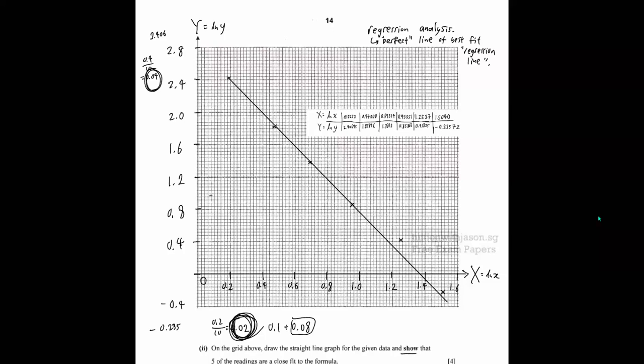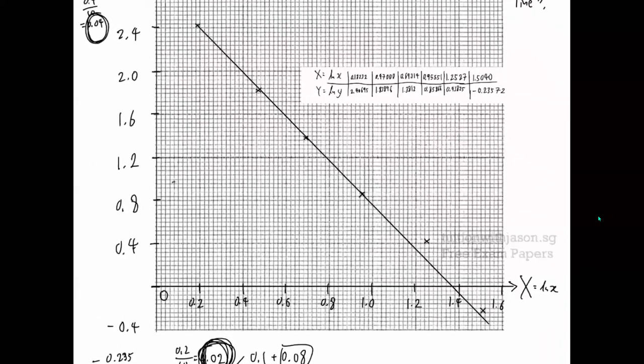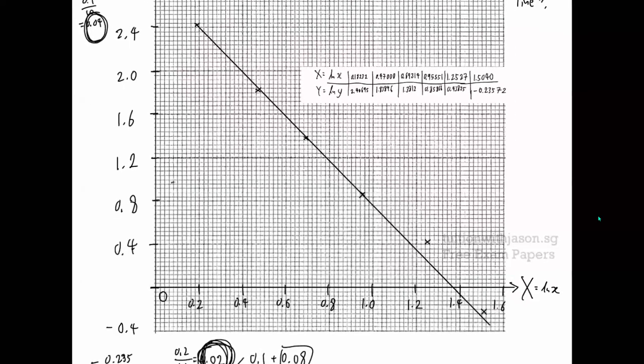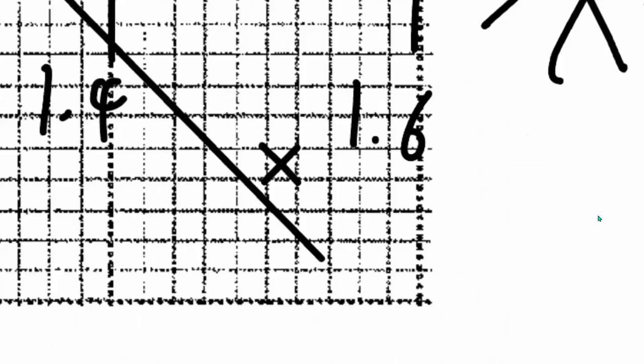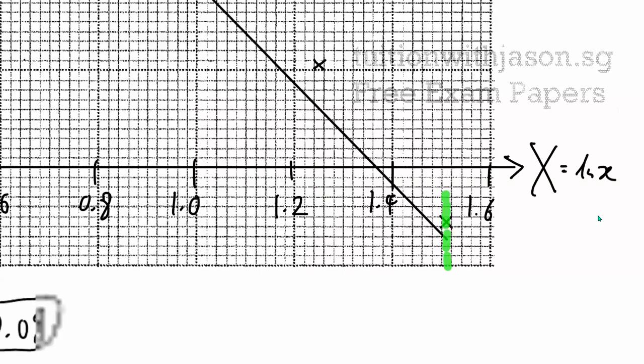Okay, here, what happened? My line of best fit, I exceeded it a bit. So I don't want that. I try to make it exactly the same x coordinate, roughly like this. Can you see? Don't exceed. Likewise on the left side, just try not to exceed.